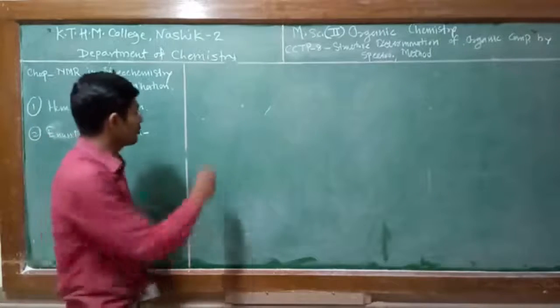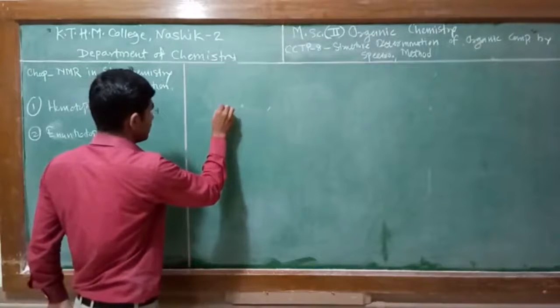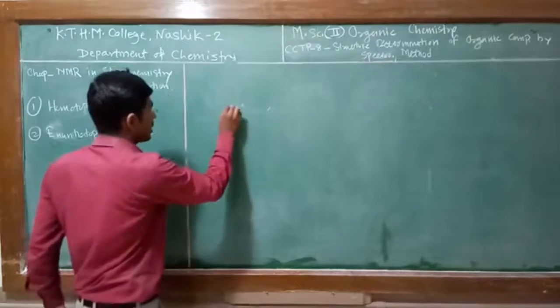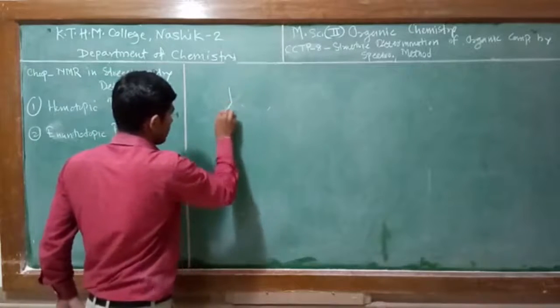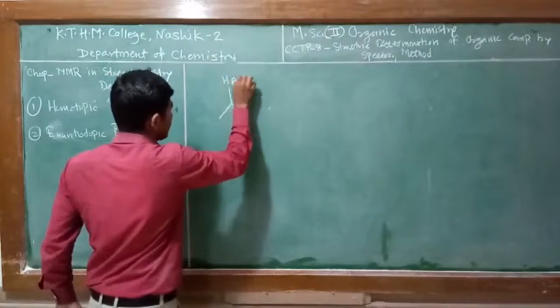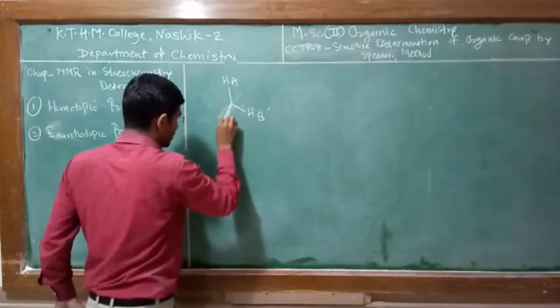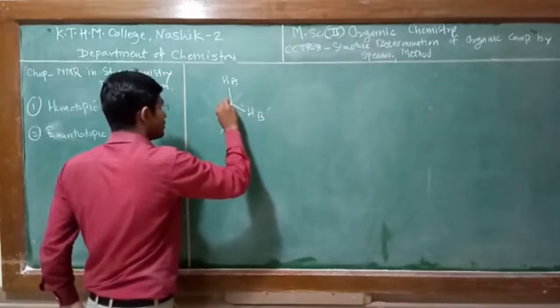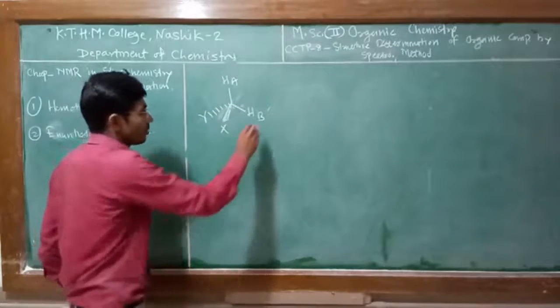For this I also consider an example. In this case we take an example in which R1 and R2 are not the same. I take a methylene group here again, but here I take this group as X and this as Y.